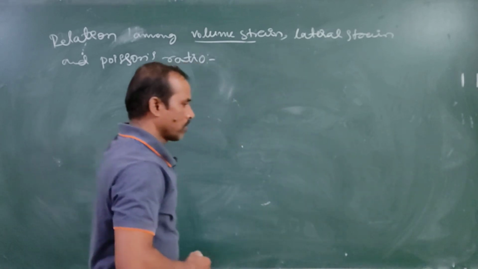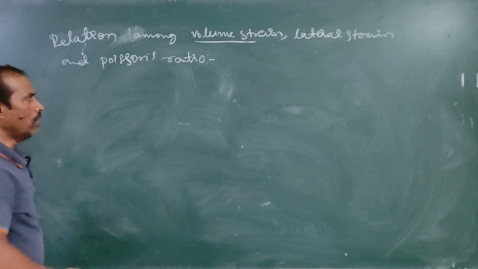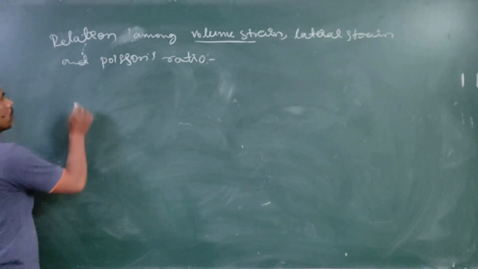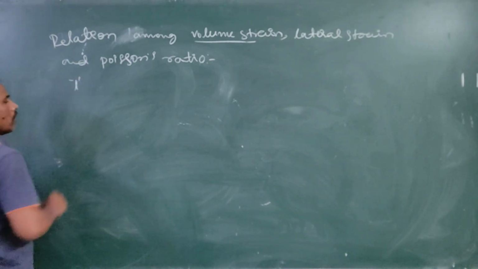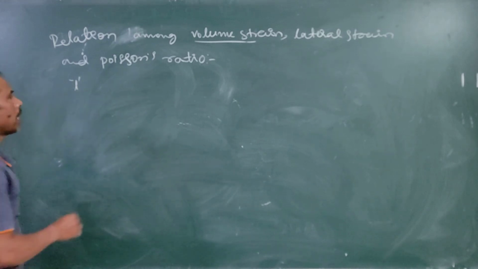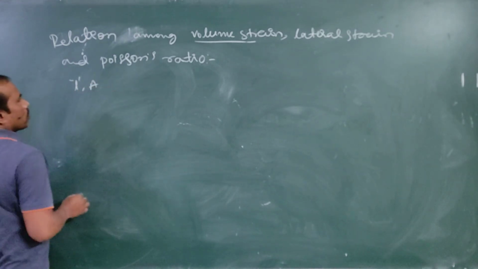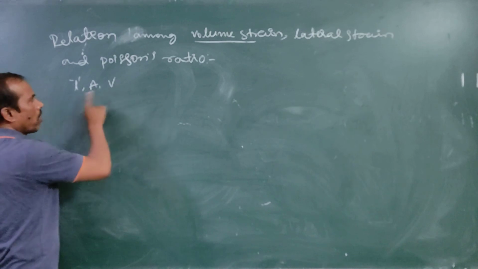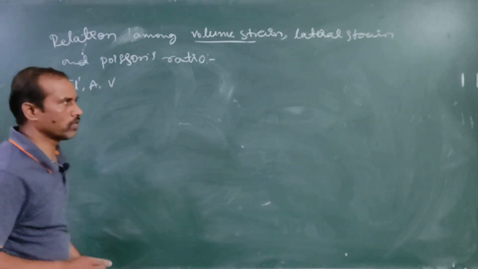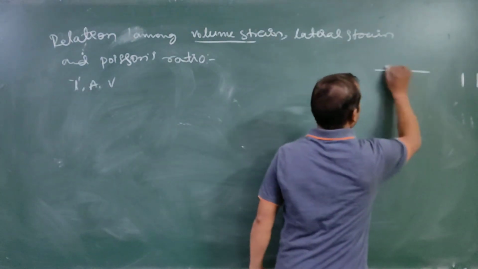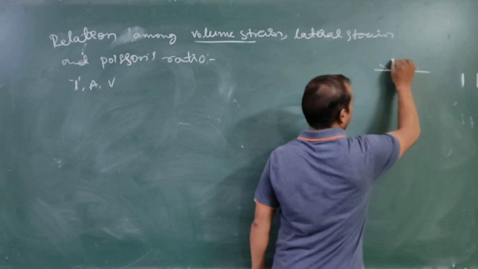First of all, the length of the given wire is L, the area of cross section is A, and the volume of the wire is V. For example, this is a rigid support.